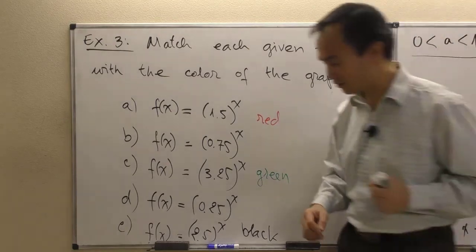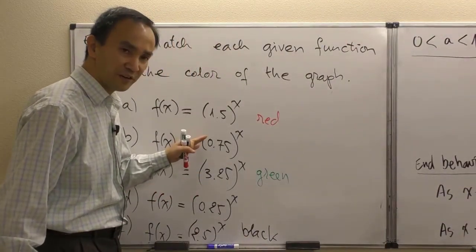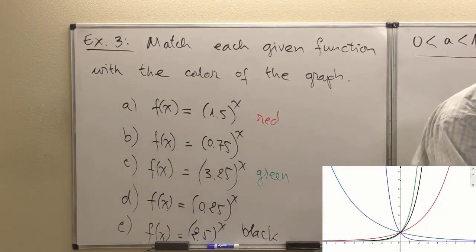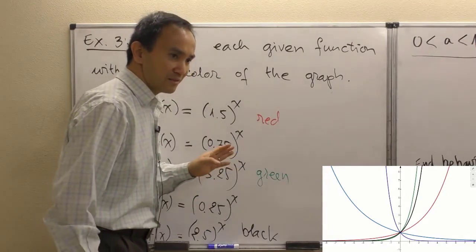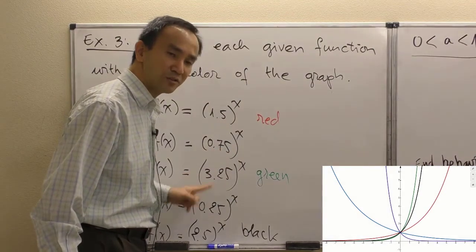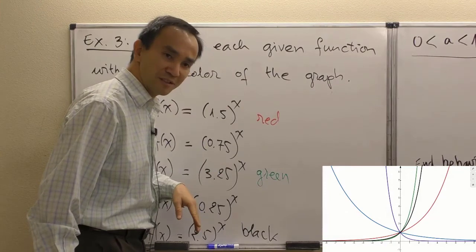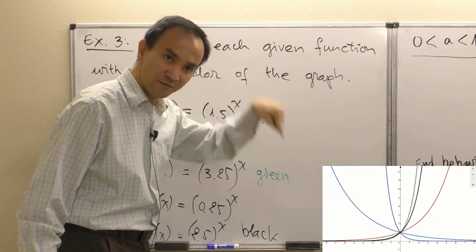So drawing from that generality, now back in our problem, we have 0.75, and let me bring in the picture. All right, the blue is flatter compared to the purple. In other words, the purple is more rapidly falling.